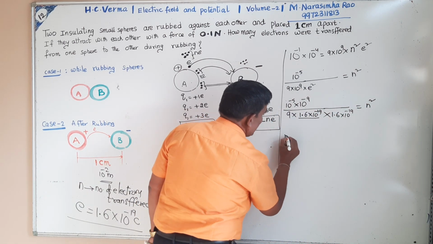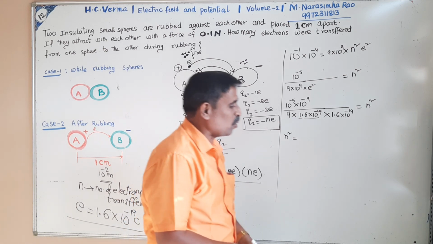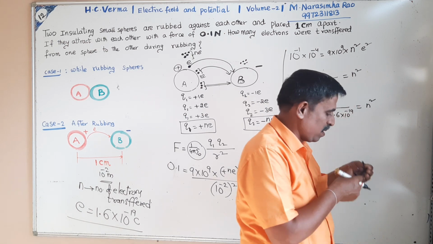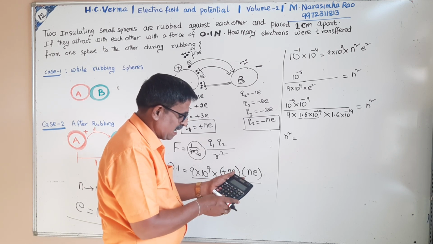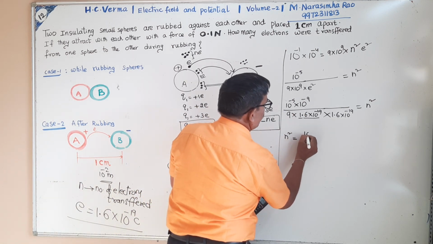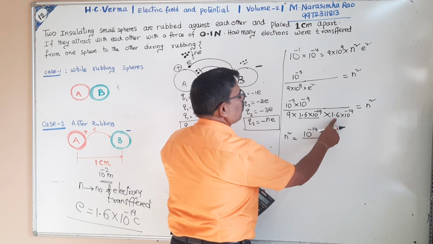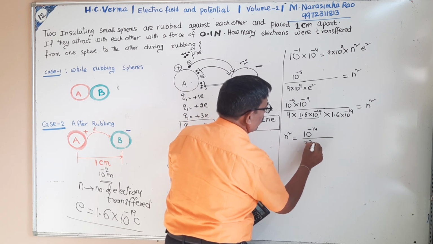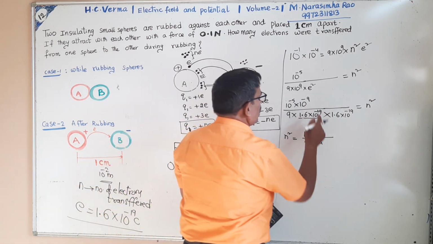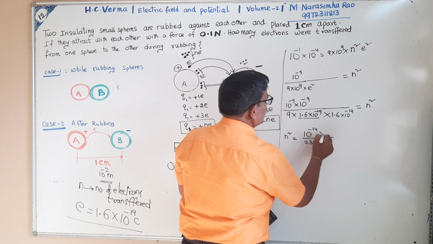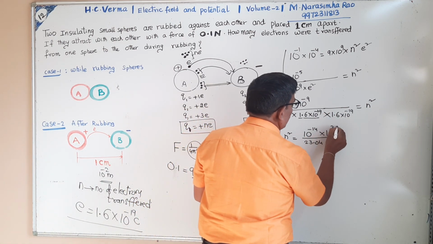Now please listen here. n square is equal to 10 power minus 5 minus 9, which is 10 power minus 14, divided by 1.6 into 1.6, which is 2.56, times 9. 2.56 into 9 is equal to 23.04. Then 10 power minus 19 into 10 power minus 19 is 10 power minus 38, which comes to the numerator as 10 power plus 38.